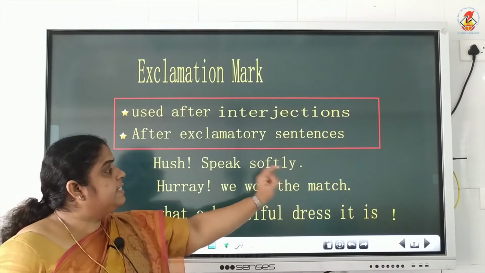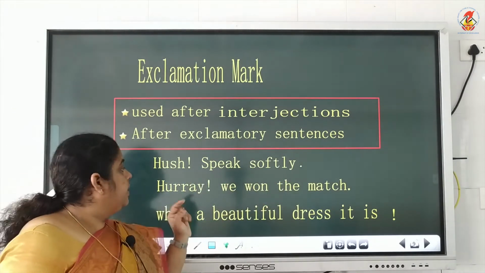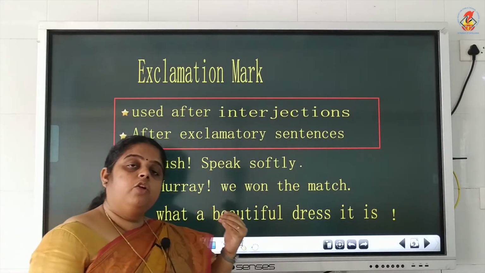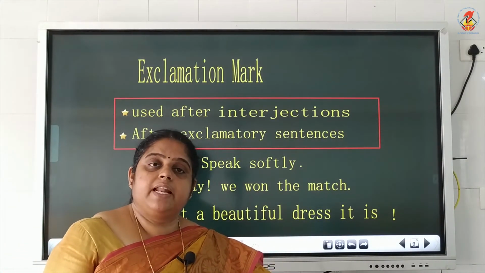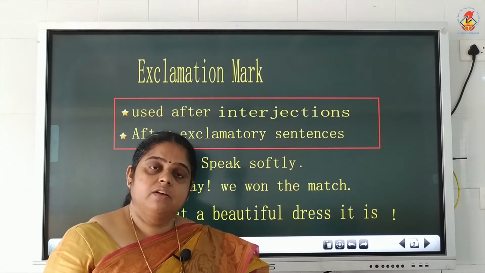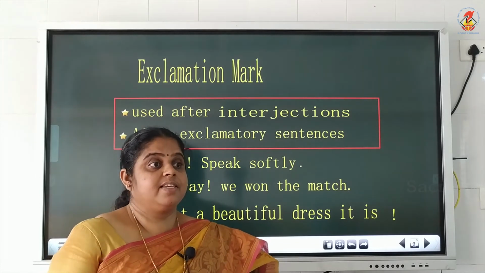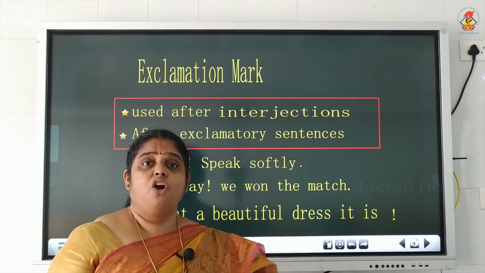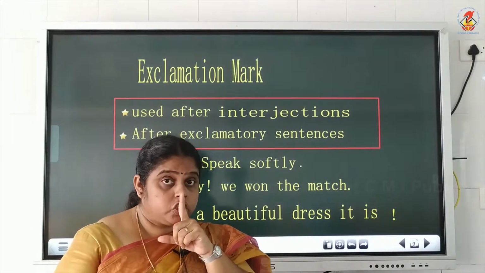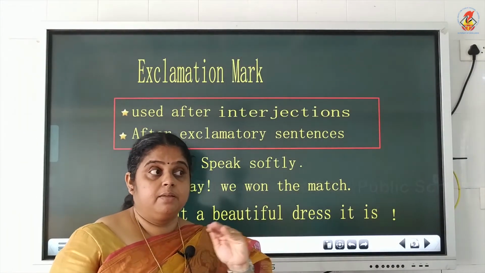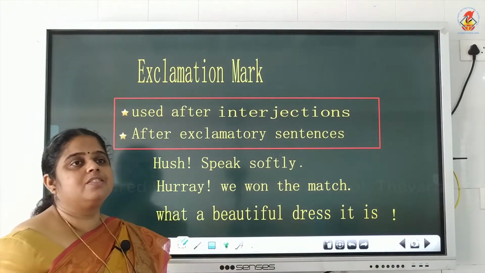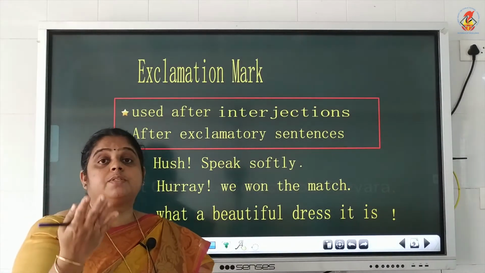At the end of the sentence, full stop. The second one, hooray, we won the match! In exclamatory sentences, we don't say it flatly, like, hooray, we won the match. We don't speak like that. When you say that sentence, it is with expression. Hush, speak softly. The baby is sleeping. So, these words, when we say them, we will have an expression in it.